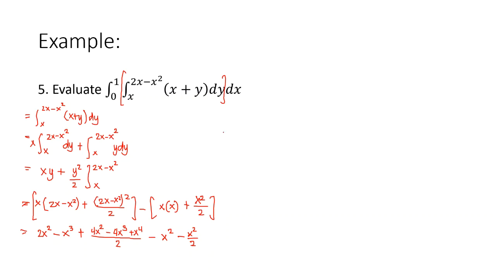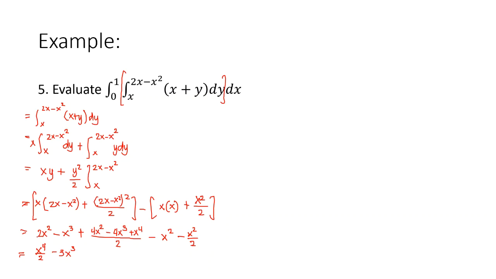Okay, so simplifying, let's write from the bigger exponent, we have x to the fourth over 2. We have negative x cubed minus this one, 4x cubed divided by 2, that is 2x cubed. So negative 1 minus 2, that is negative 3x cubed.